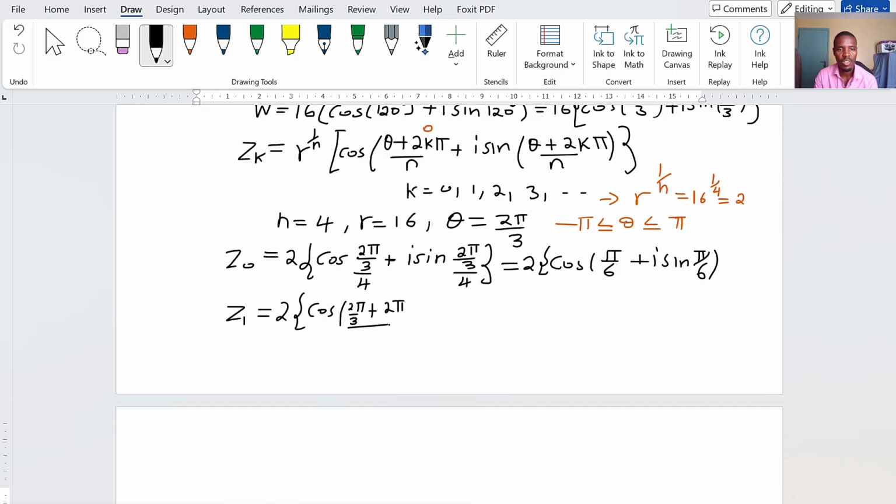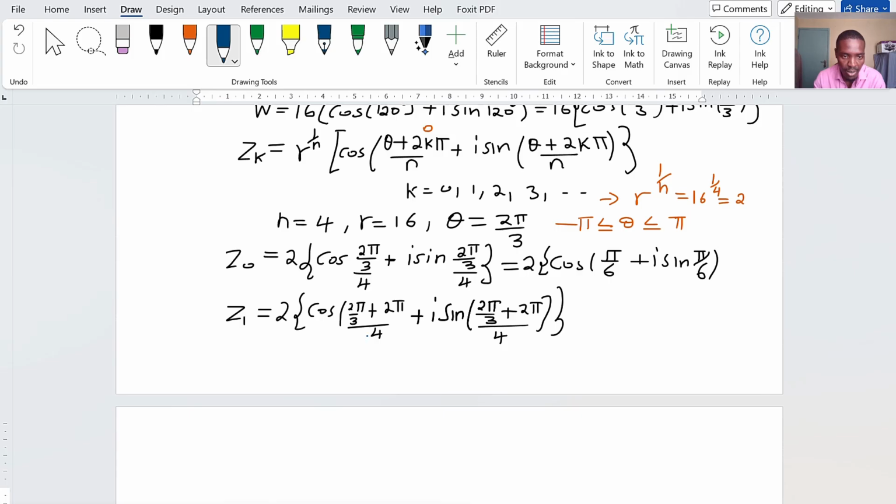Then all this you divide by 4, plus I sine, same thing, 2 pi over 3 plus 2 pi, all divided by n, which is 4. Then the whole thing is under the big bracket.